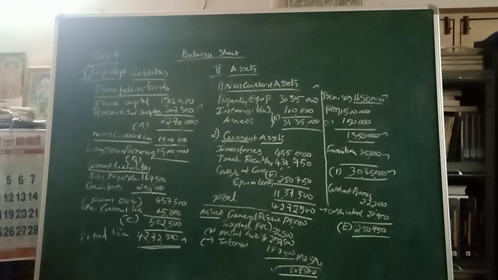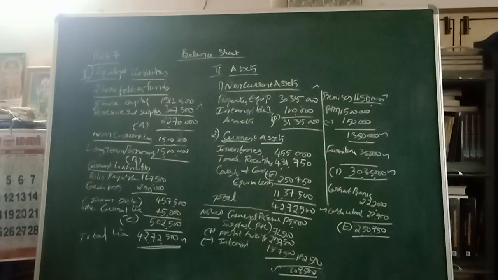Then sundry creditors and bills payable. These two items are current liabilities, which we see on the liability side of the balance sheet. Then sales is already taken in P&L. General reserve 1,25,000. Again, refer to the notes at the bottom of the total. 1,25,000 is taken for general reserve.